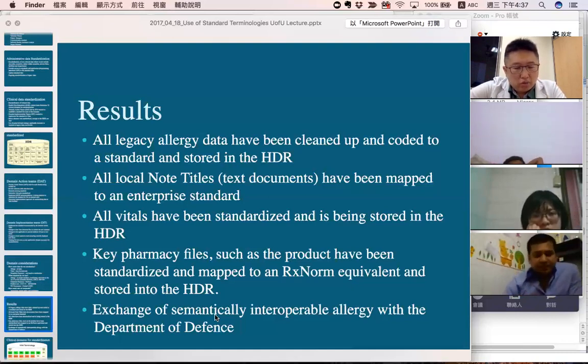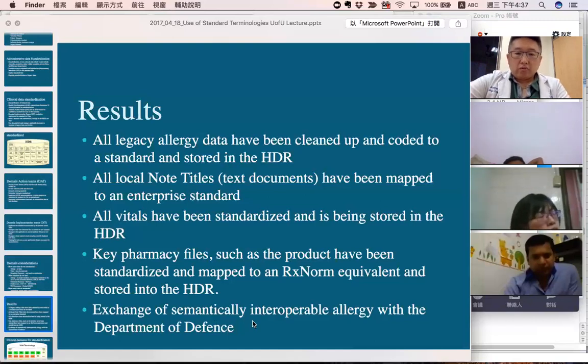I don't remember whether we cover allergy data there. But because in Taiwan we developed the PharmaCloud, the Department of Health, the NIH, controls the prescription.